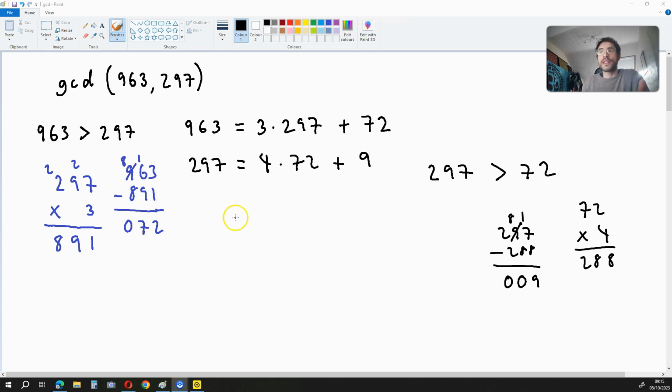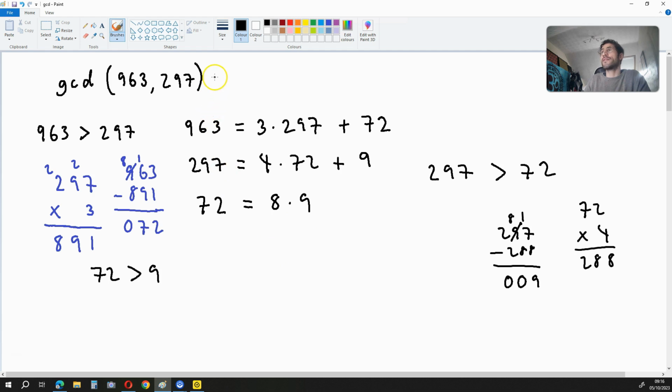Now what's the final step over here? Well, it turns out that 72 is greater than 9. So we put 72 is equal to, and it turns out that's 8 times 9. So the greatest common divisor is actually going to be 9.